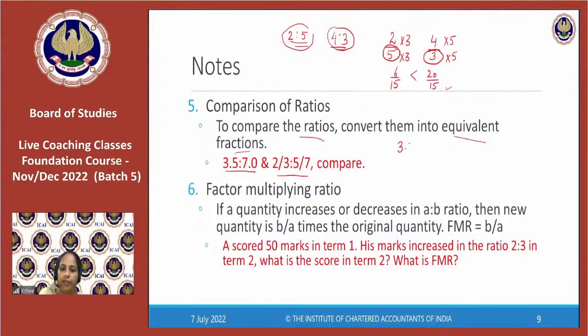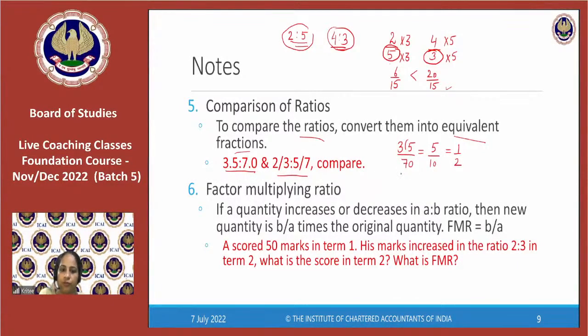For the first part, 3.5 by 7. When expressed in simpler terms, 35... 7 5s are 35, 7 10s are 70, so 1 by 2. I could have written 1:2 directly, but I'm doing this for you to understand, right? So the first ratio is 1:2.